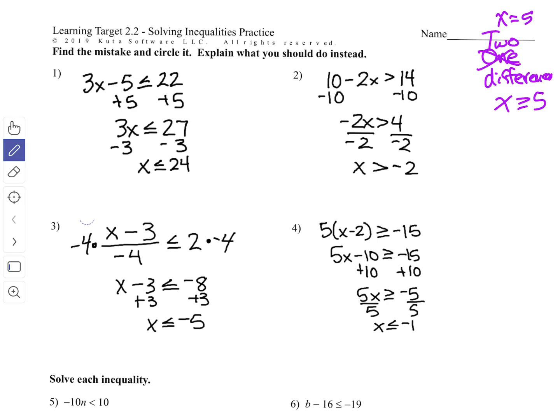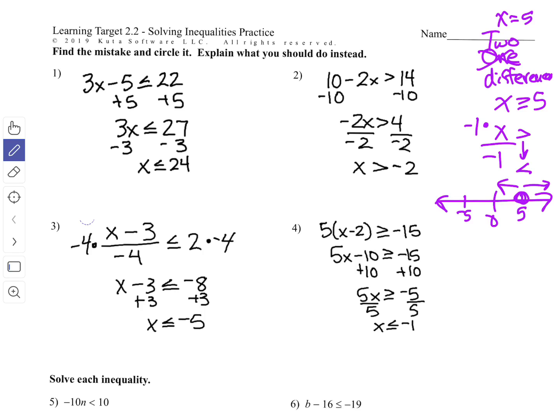The second difference is when we multiply or divide by a negative number. When we do that, it's going to take that symbol for inequality and you're going to have to switch it. That has to do with the number line. If I think about a number line, let's say I'm up here at 5, negative 5. If I add or subtract to 5, addition moves me to the right, subtraction moves me to the left.